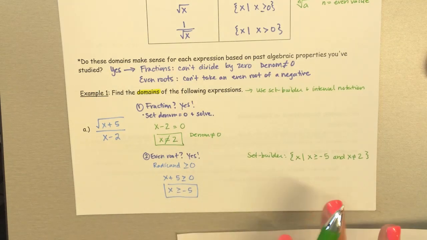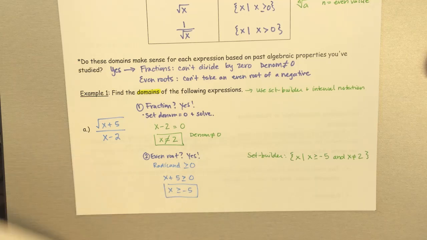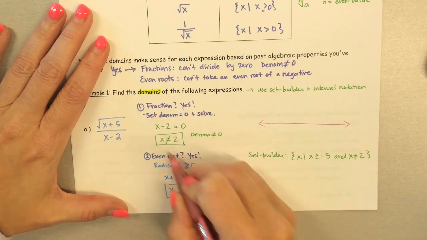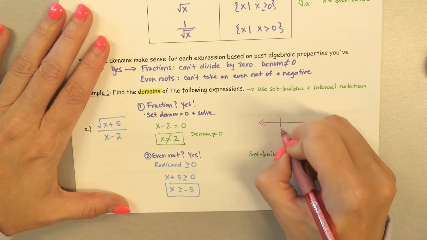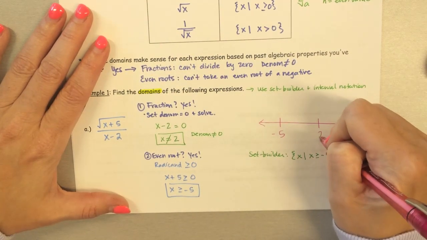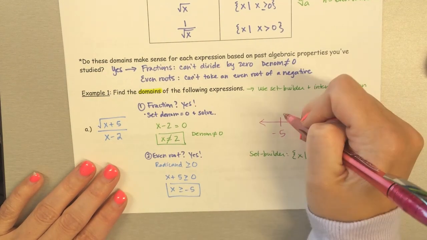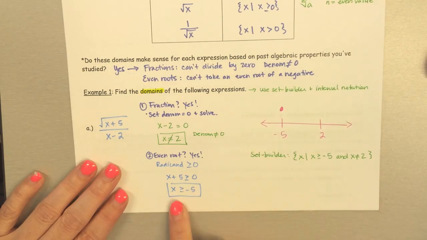You could also, I'll show you it on an interval. I'll show you another way you could do it. Now, what I think is helpful when I'm doing the interval notation is I like to visually see what this represents. So I have negative 5 and I have 2. What this is saying is I have a closed circle at negative 5.